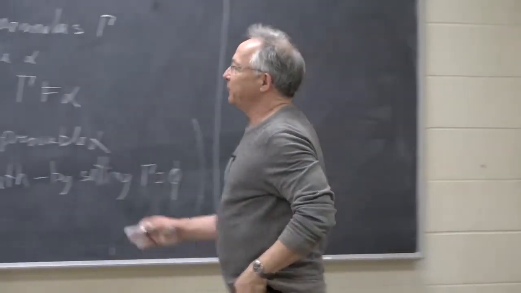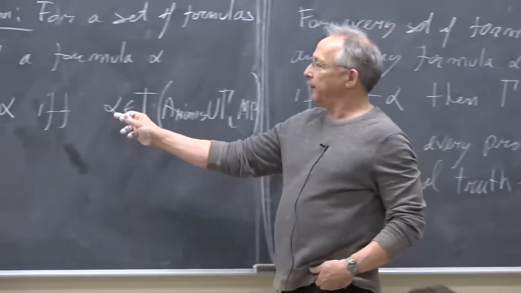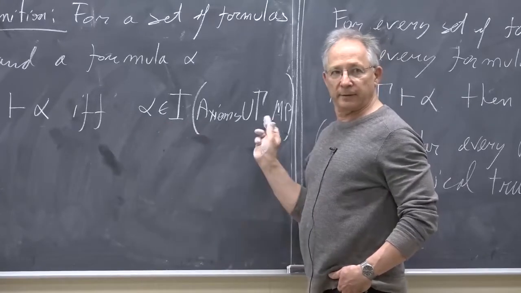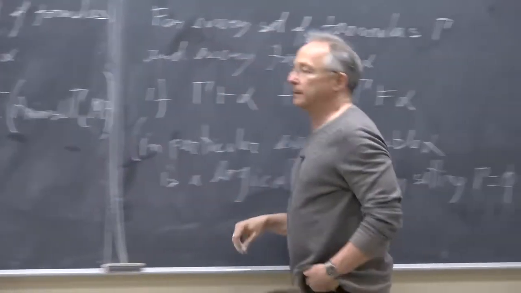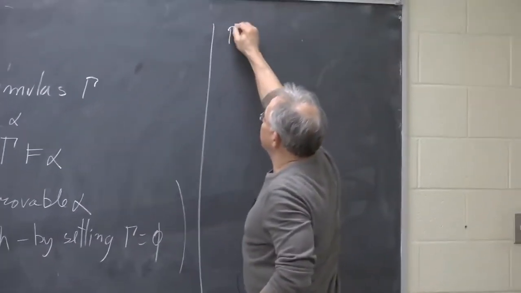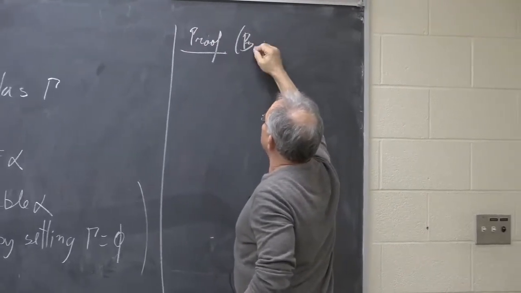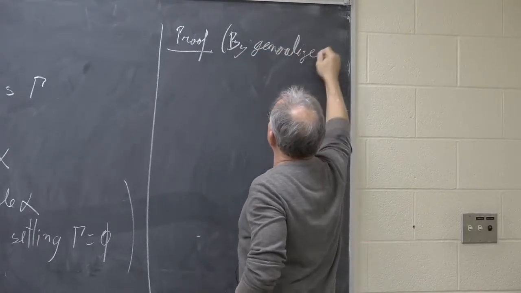So how am I going to prove it? By induction, right? Because, you see, for every alpha, what does this mean? It's for every alpha in the inductive set. So if I want to prove something for every alpha in the inductive set, I will use induction on this set. So the proof is by generalized induction.